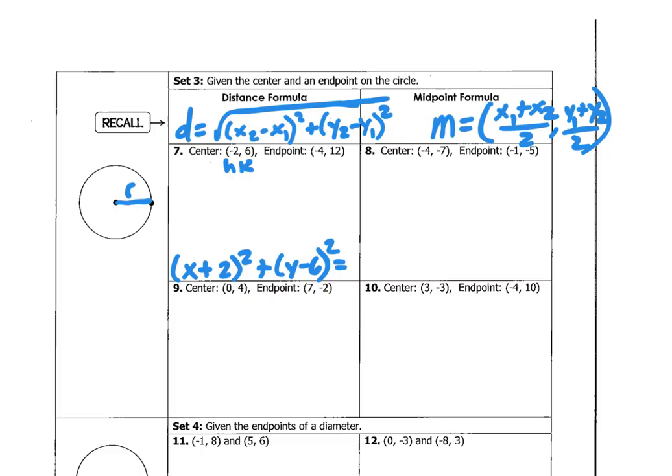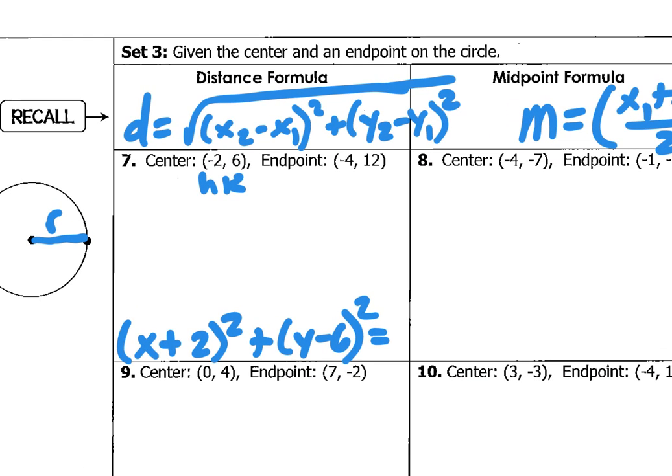So to do the distance formula here, x2 minus x1. You've got to be really careful of your signs here. Negative 4 minus a negative 2 would be negative 4 plus 2.